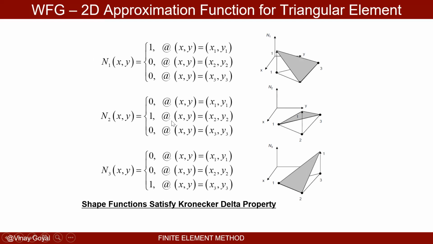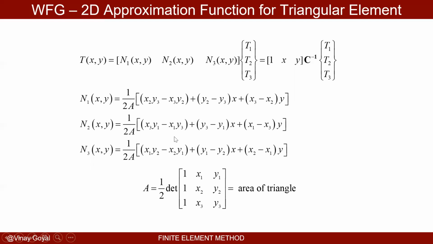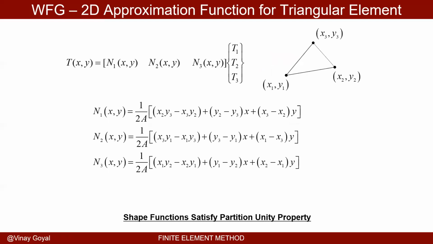try it out. It also satisfies the partition of unity. If you add these three equations, you will get N1 plus N2 plus N3 is 1. Very powerful idea. So here's what I'm showing you: N1 plus N2 plus N3 is 1.